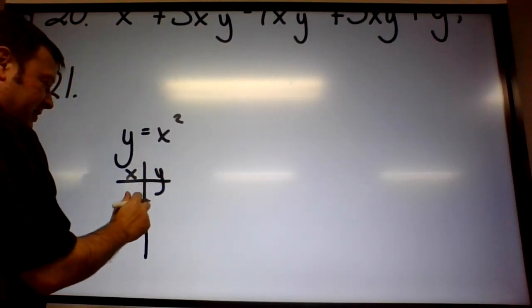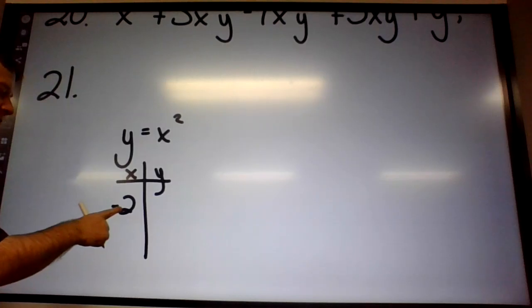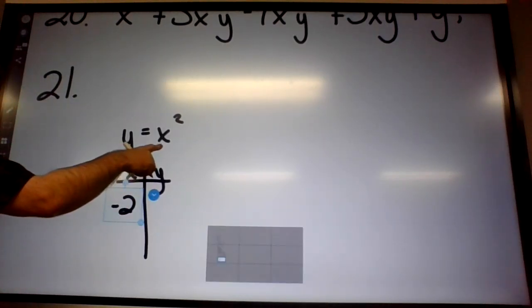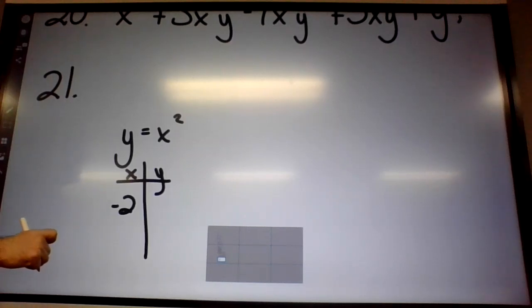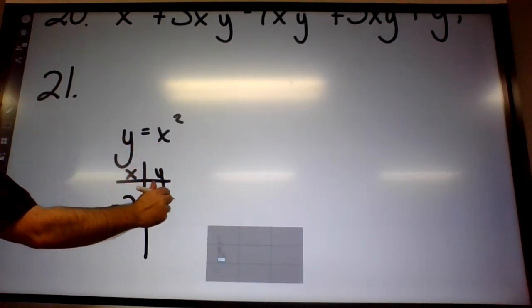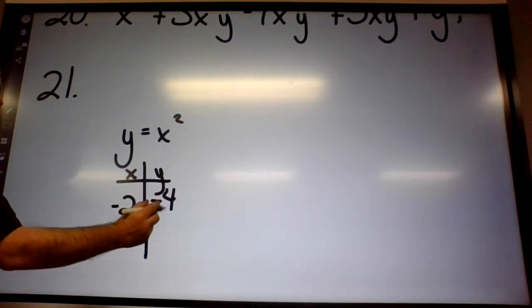A few of us did get this right, but most of us didn't. If I do this and I plug in -2, what do I get? +4. Most of the class put -4.